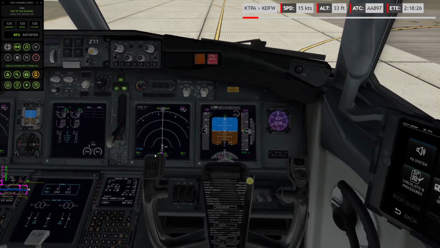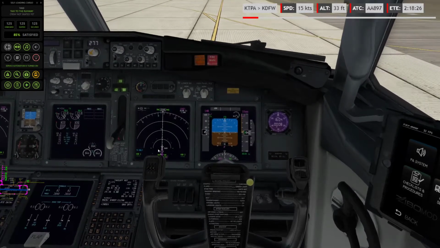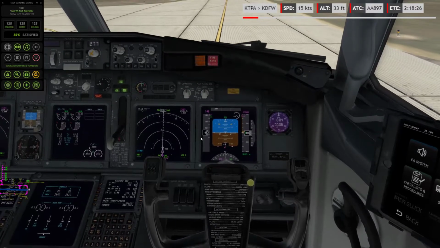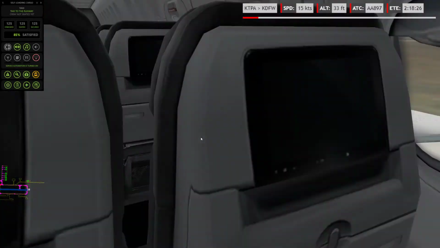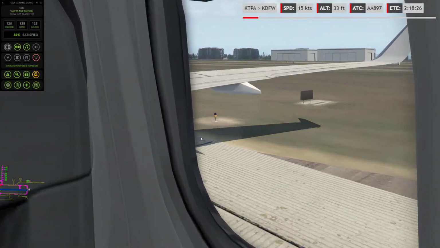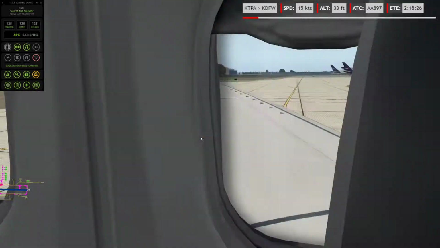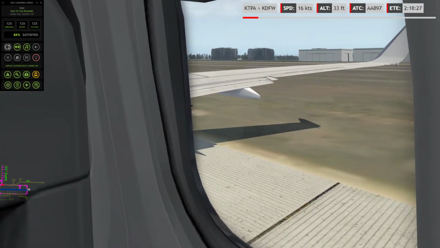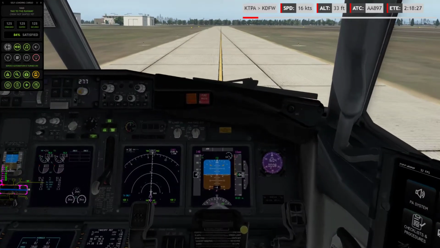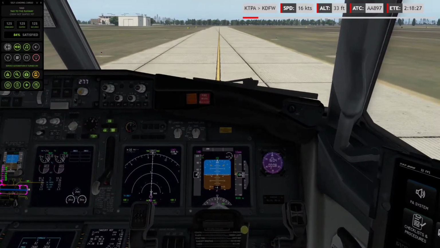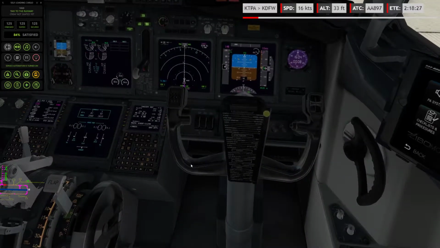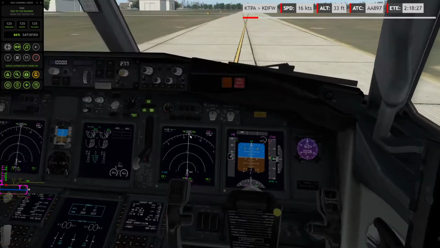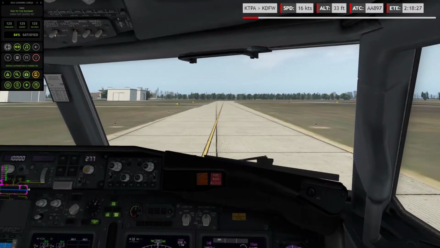Alright, before takeoff checklist, flaps 5. Flaps 5, green light. Trim, we have 5, and that is set. Takeoff briefing completed.